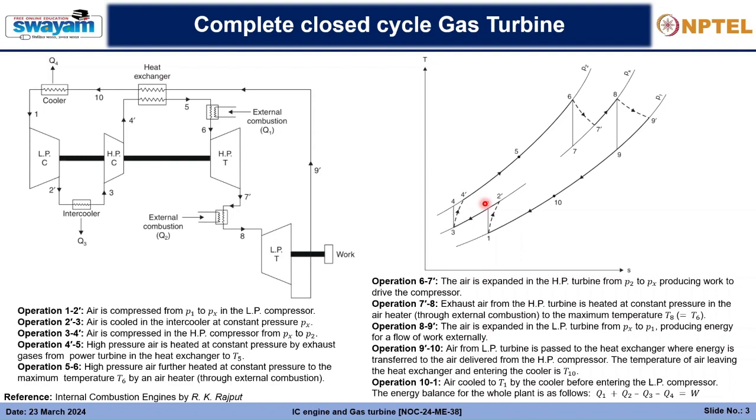What we can do is cool it. So in the low pressure compressor, when the pressure rises to P2, after that the air is cooled down to point 3, and again it is pressurized to pressure P2 at this line.